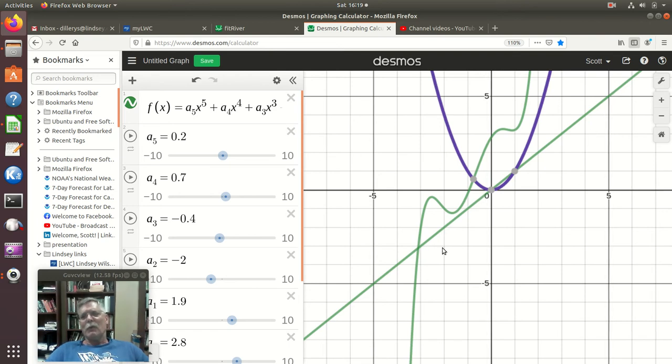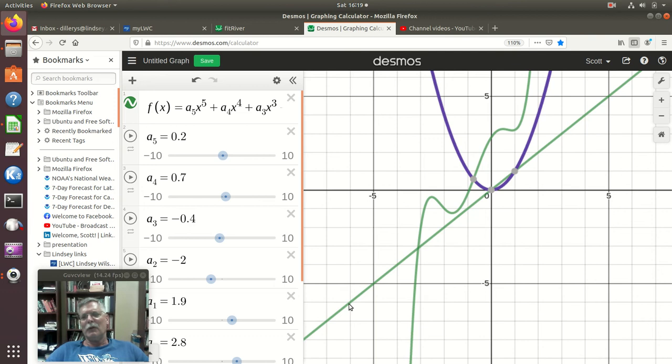But here's y equal x, and notice y equal x, odd degree, an odd function, and that odd function, in this case, what happens is it's either going to grow as you go to the right and diminish toward negative infinity as you go to the left.